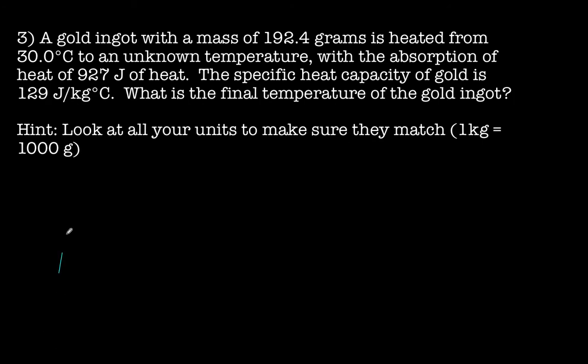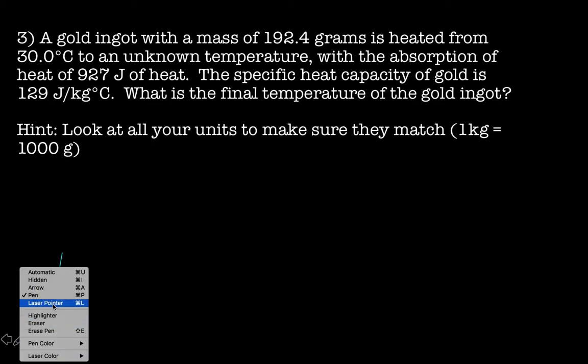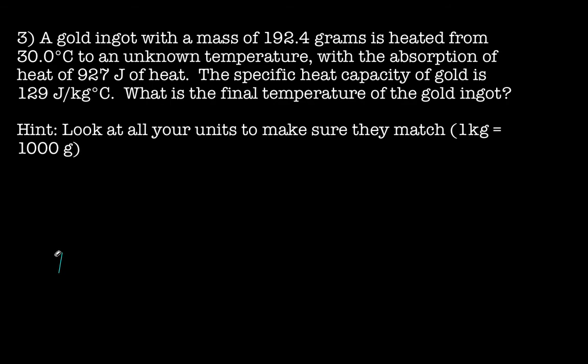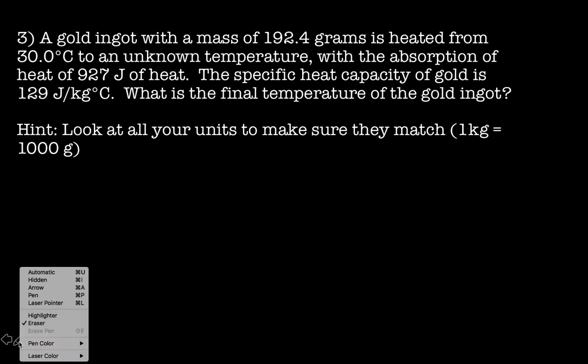Problem number 3 says a gold ingot with a mass of 192.4 grams is heated from 30 degrees Celsius to an unknown temperature, with the absorption of 927 joules of heat.